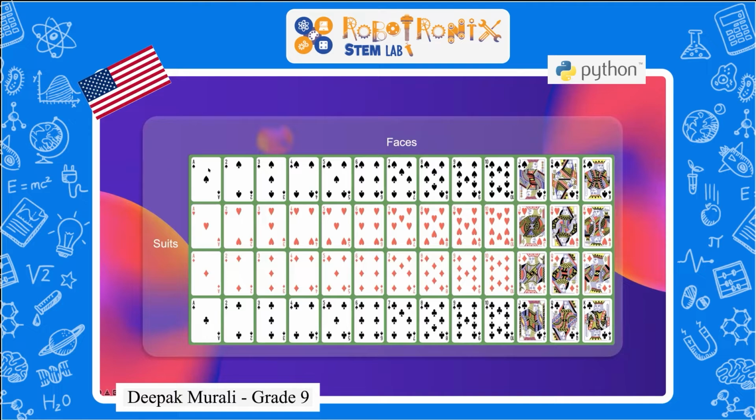Right here, we can see that the suits are in order from highest precedence to lowest precedence. So this is the spades and this is the clover. And the faces are in order from lowest to highest precedence. So two is actually the lowest face, and ace will be the highest face.